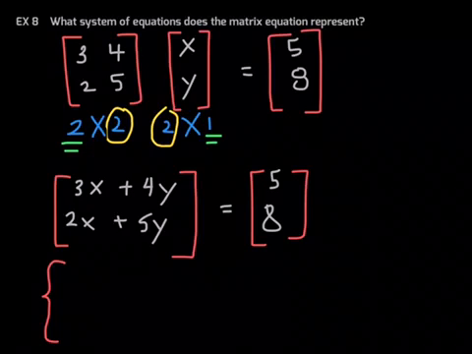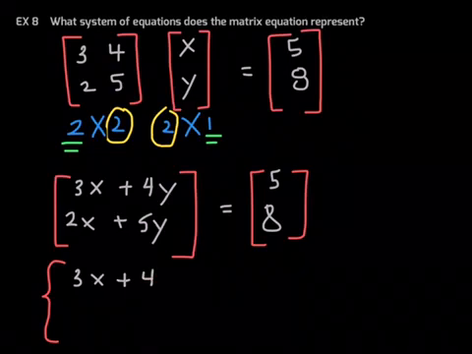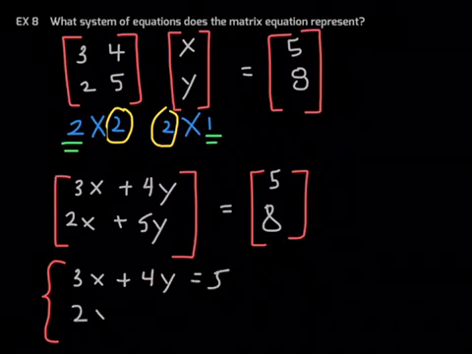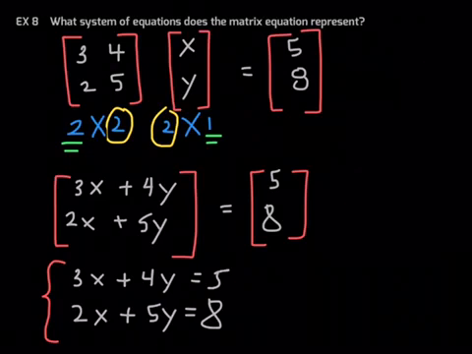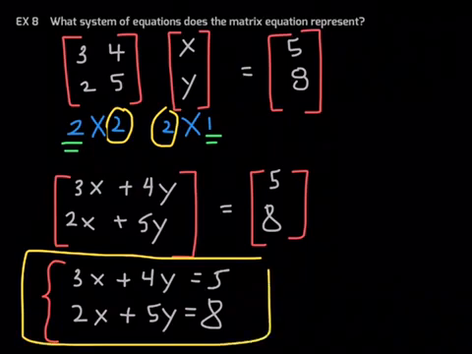In other words, 3x plus 4y must be equal to 5, and 2x plus 5y must be equal to 8. This is the system of equations that is being represented by this matrix equation.